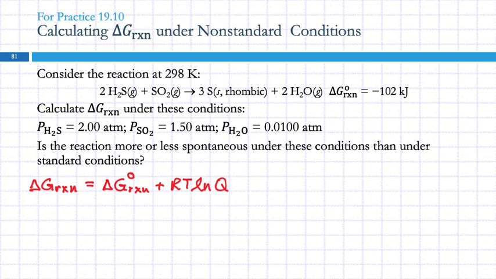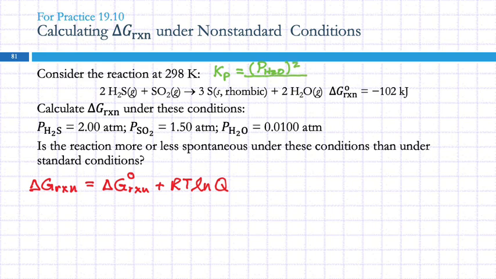So if we look at this chemical equation, let's write the equilibrium constant expression for that. So Kp is going to be products over reactants. Do we include solids? No, we don't. This is a gas, and so that's going to be the partial pressure of water. And there's a 2 in front of it, so this is squared.